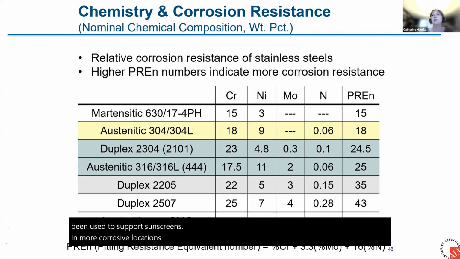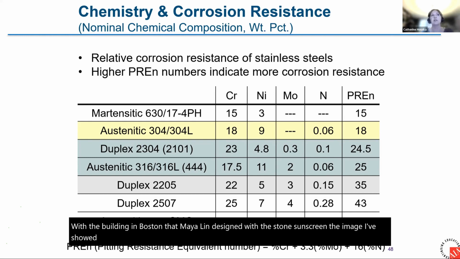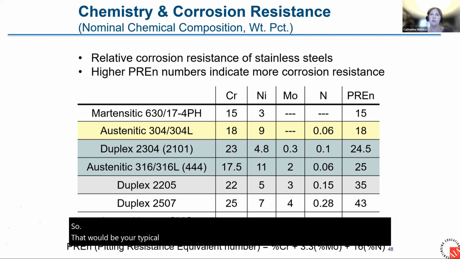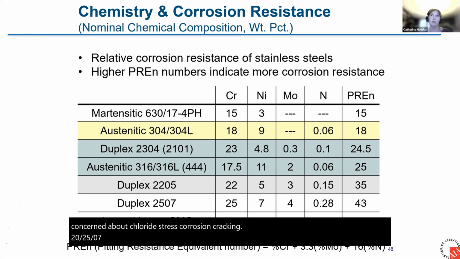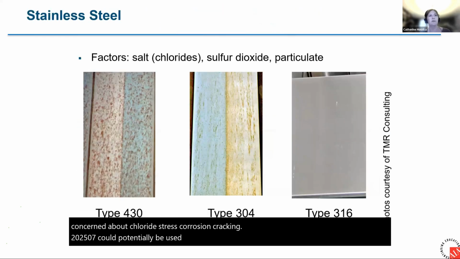I showed you an example with the building in Boston that Maya Lin designed with the stone sunscreen. The image I've showed at the Stockholm Congress Center is another. That's 2205. So that would be your typical step up if you need more corrosion resistance or if you're really concerned about chloride stress corrosion cracking. 2507 could potentially be used as well in a very severe environment.